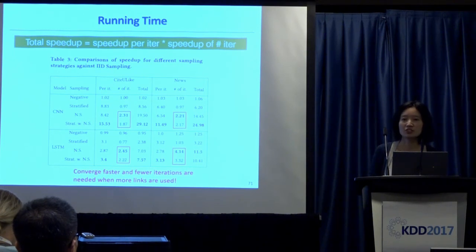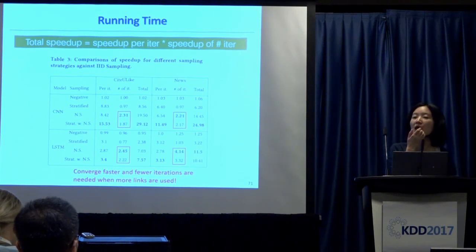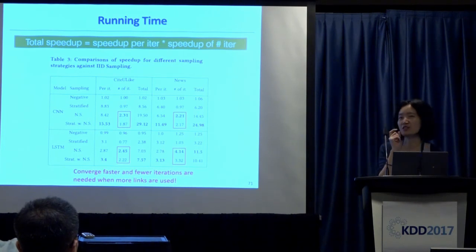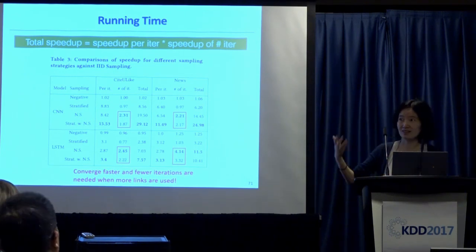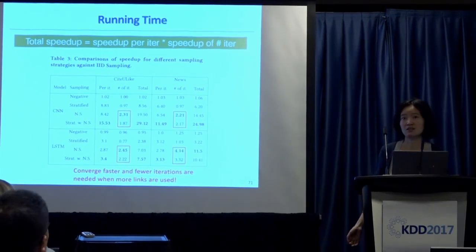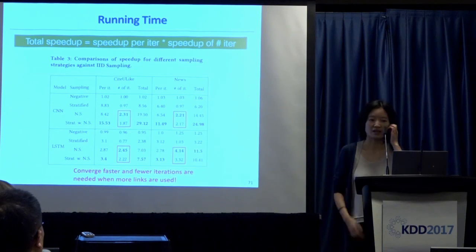It is because for each mini-batch, if we use more data points, then we only need a few iterations. What if you give the same number of data points? We don't really do that type of experiment. We assume we can touch the same number of data points. Okay. Any other questions?